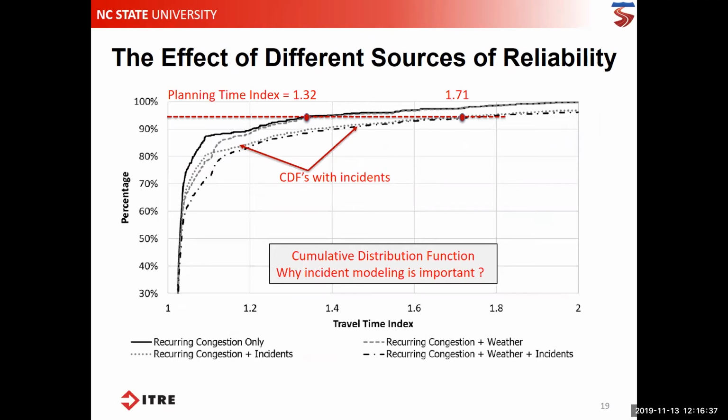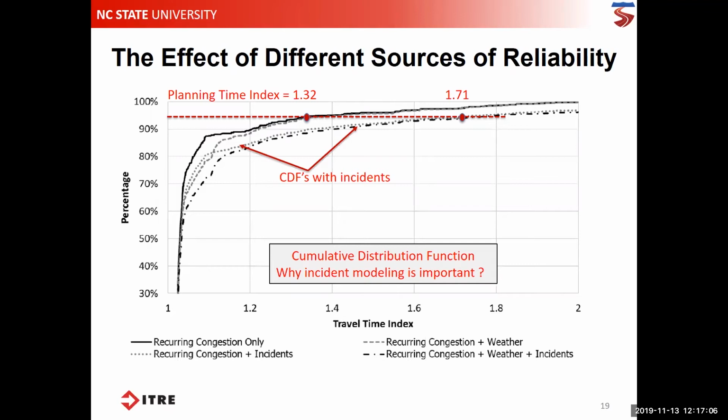This is a CDF, a cumulative distribution function of a travel time index. And what you see here, we have 4 conditions: recurring congestion only, recurring with weather, recurring with incident, recurring with both. And it's actually clear that incidents are the events that can decrease your reliability significantly.